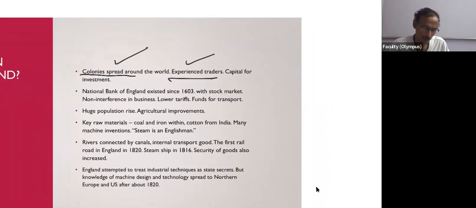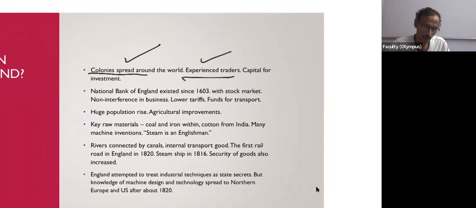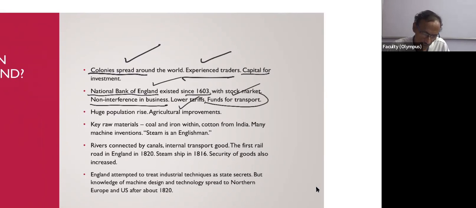It had capital for investment. The Bank of England existed since 1603, with a stock market, and an economic philosophy of non-interference in business, lower tariffs, and funds allotted to transport.